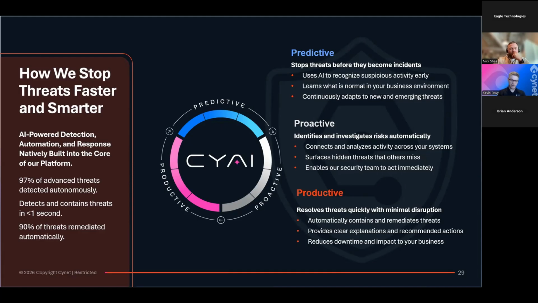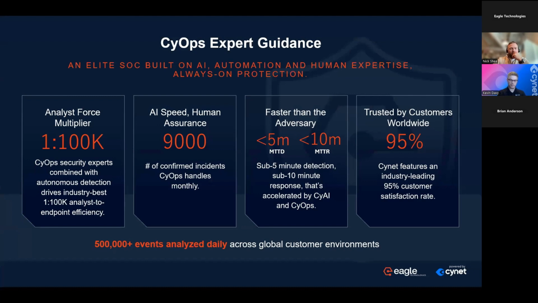Along with the technology of Cynet comes a human element, and this is a 24/7, 365 SOC team. I think Brian mentioned this earlier when we were talking about the incident response and the retainer fees and things like that. This is all baked into the cost of the agent, so we bake it into the price there. And this is really going to be an extension of the team.